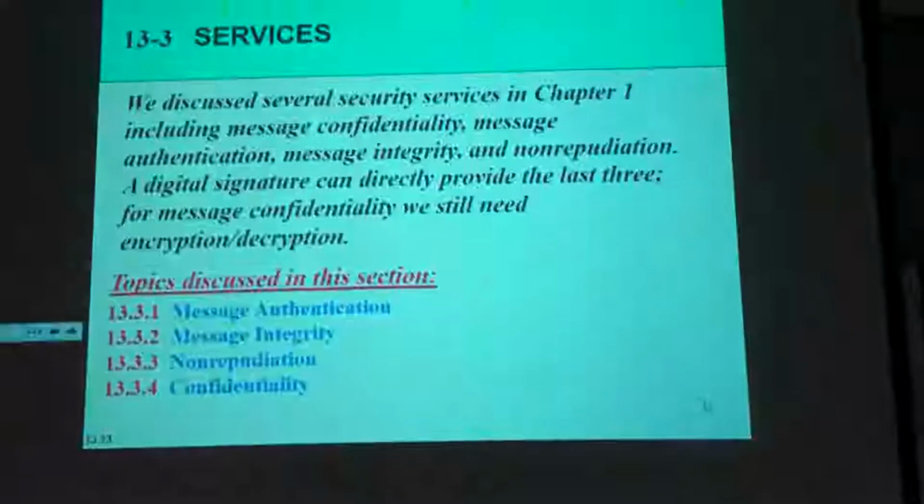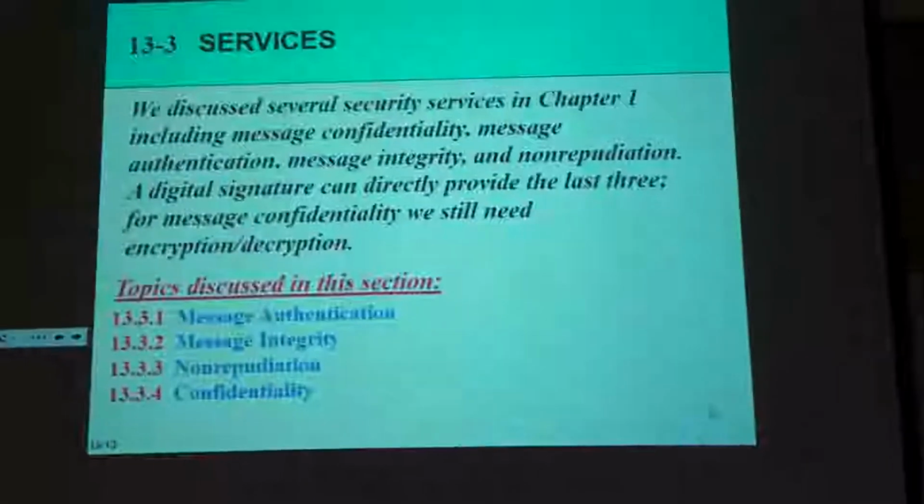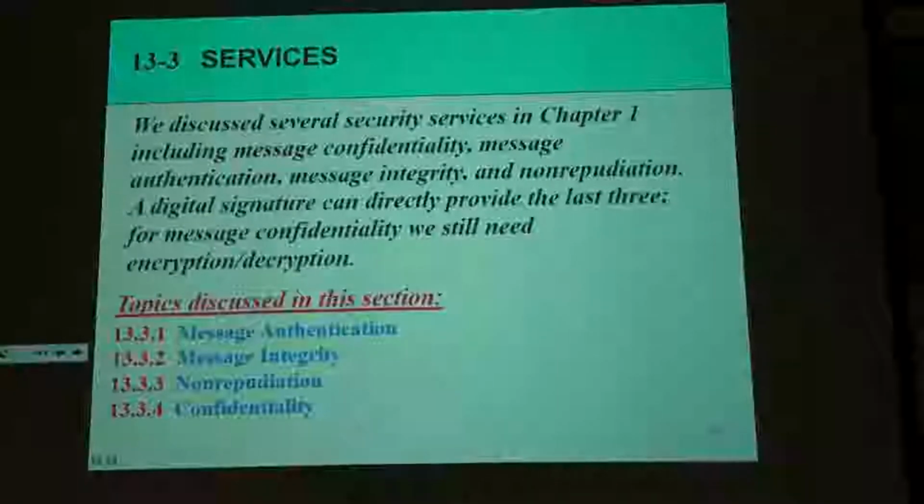Remember when I told you that there is a difference between message confidentiality and authenticity? If I tell you next class there is an exam, this message does not need to be confidential. It needs to be authentic. Authentic means it's coming from me. Then message integrity, also that the message did not alter. We use a hash for it. And then non-repudiation.